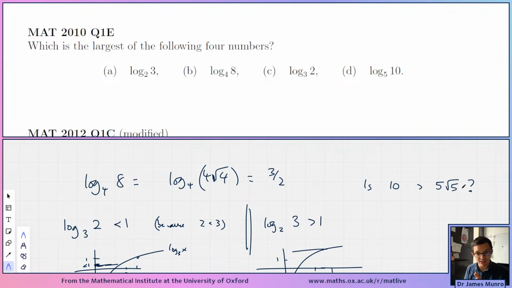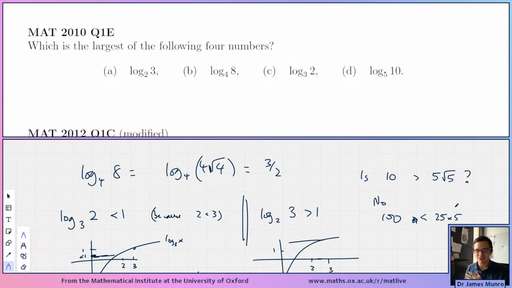If it's equal to 5 root 5, then log base 5 of 10 would be 3 over 2. I think it's not, because if you square it, then on the left you get 100, but on the right you get 25 times 5, which is 125, which is huge. So I don't think that's true.